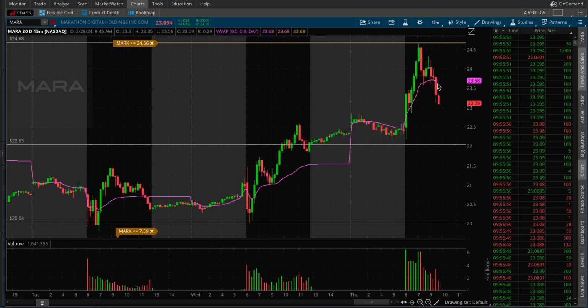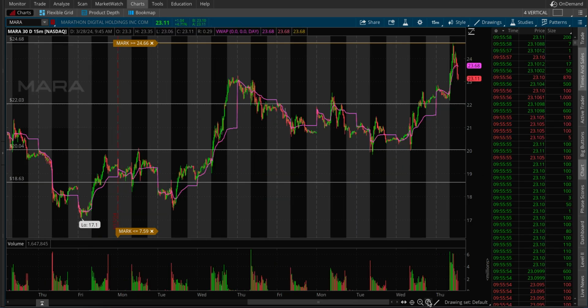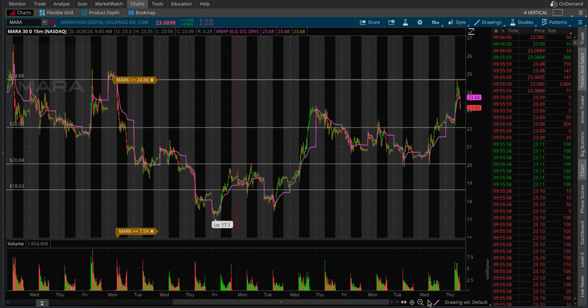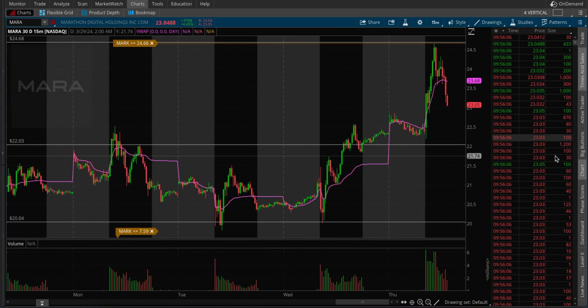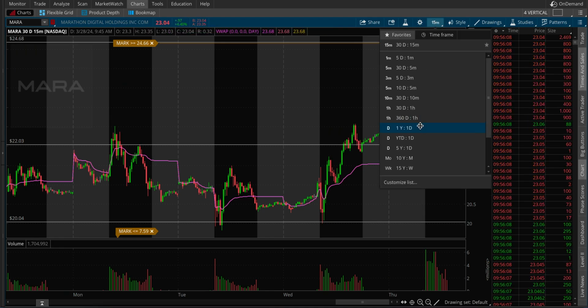So a lot of people get caught drawing basic supply and demand zones when it comes to entering and exiting. A very, very simple solution is to let the stock break. If you're a breakout trader, just like me, I like breakouts and breakdowns.